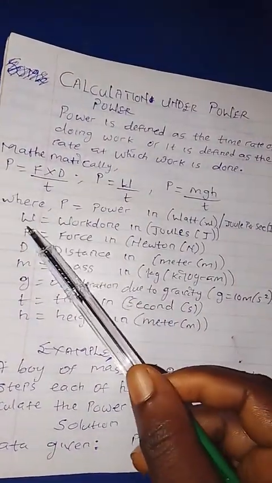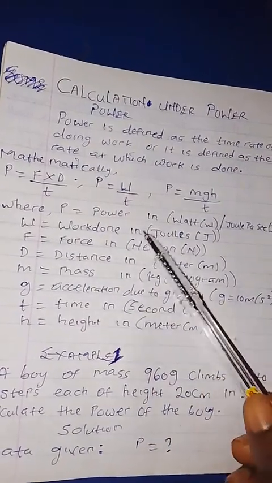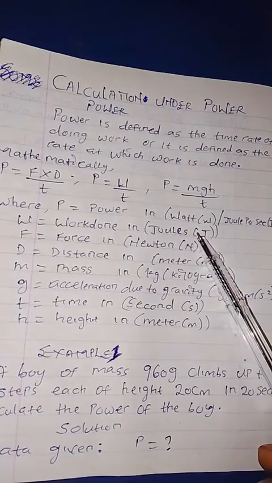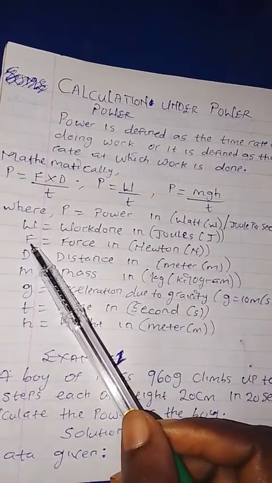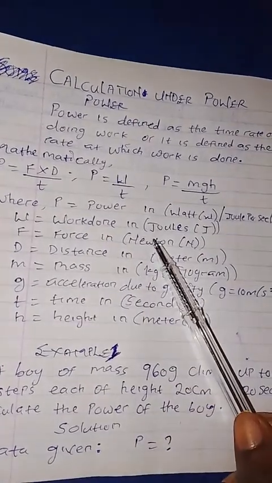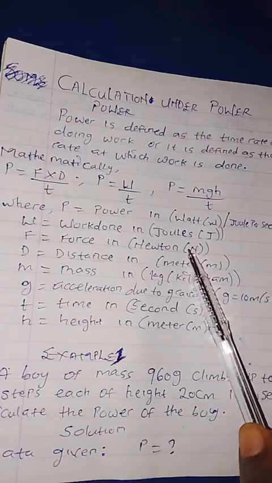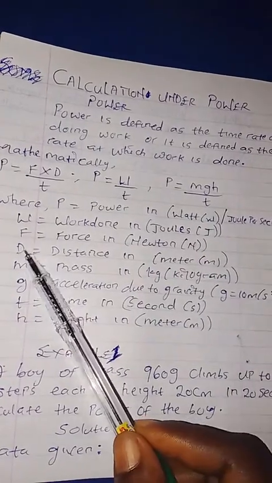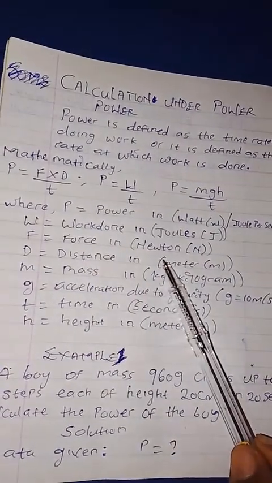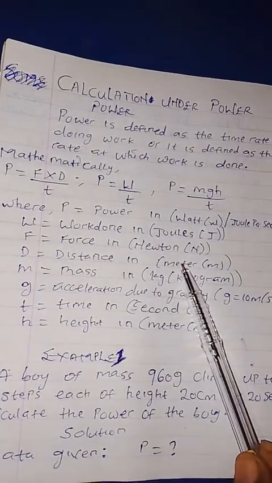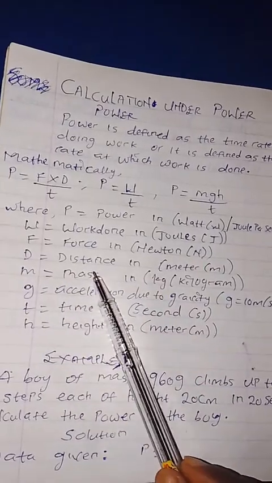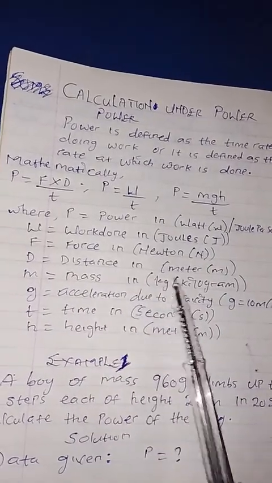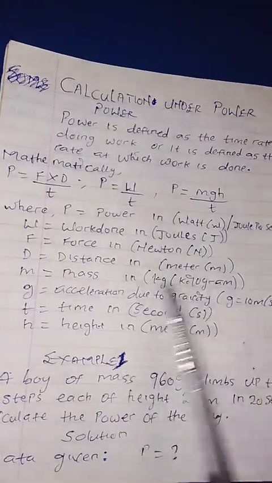Now, letter W is work done, and work done is measured in joules, which is capital letter J. Now, that of force or F is force, and the unit is in Newton, which is capital letter N. D is called distance, and the unit is in meter. That's just m. Now, M is mass, and the unit is in kilogram, which is kg.